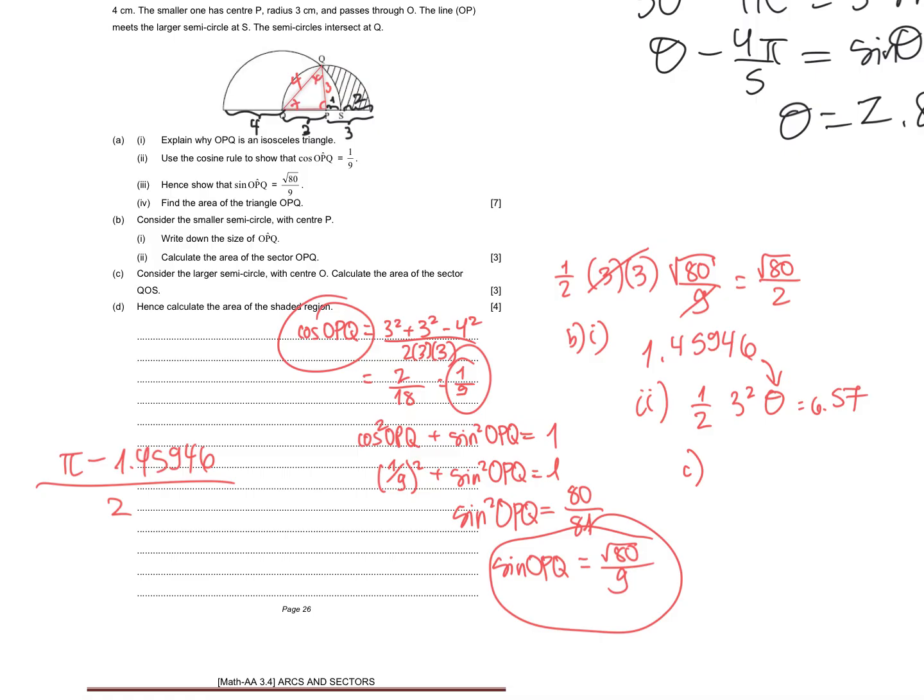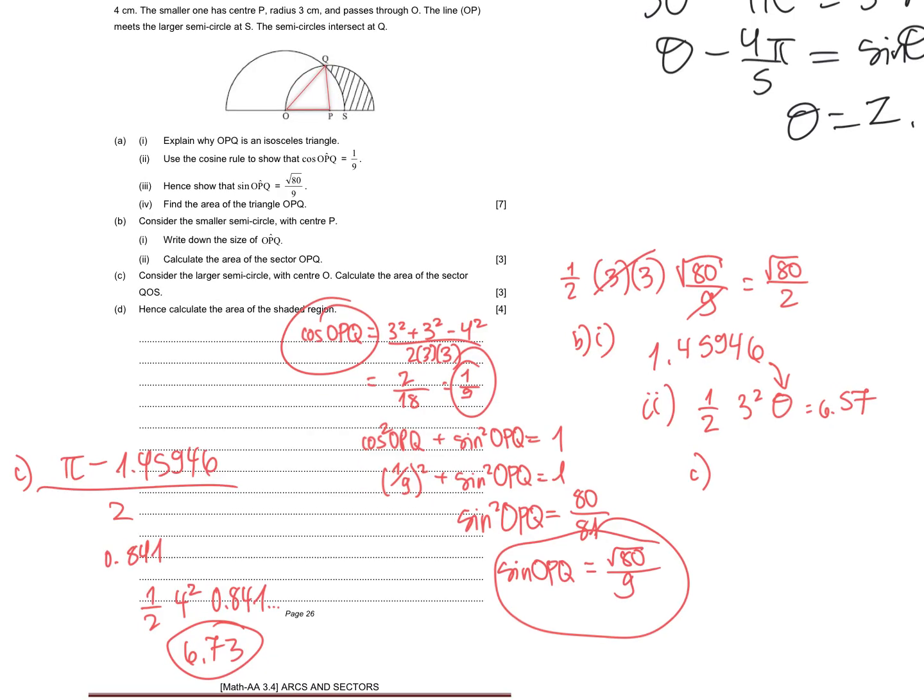All right, so pi minus 1.45, blah, blah, divide by 2. So we have that one angle is 0.841. So now to find this sector, we just have 1/2 4 squared theta. So we get 6.73. That's for C.